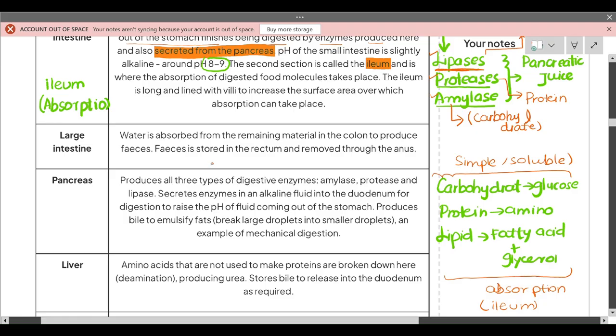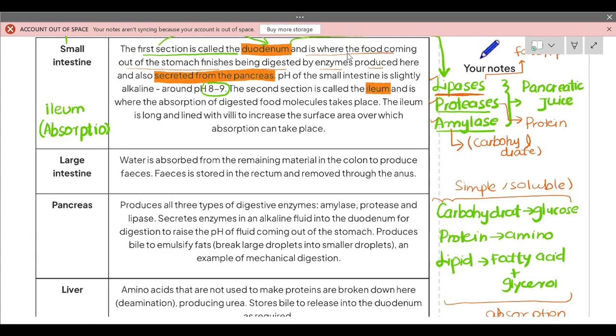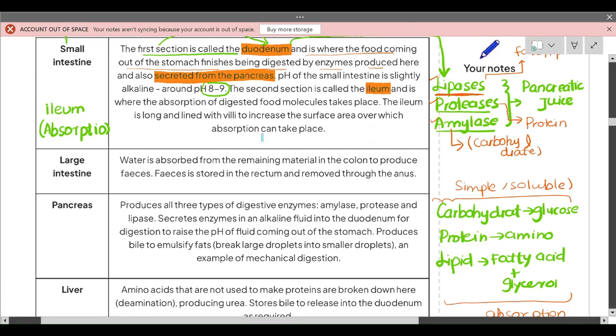There is another very important phenomenon that you need to understand: your ileum is adapted according to its function. Because absorption is going to take place here, in order to absorb that digested food, it has certain adaptations. What are these adaptations? The inner lining of the small intestine has certain structures that we call villi.